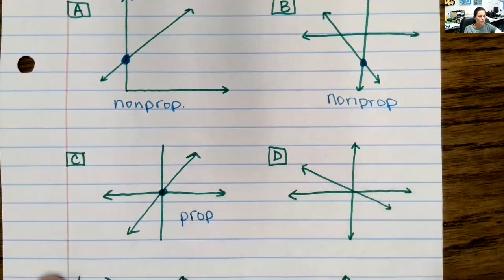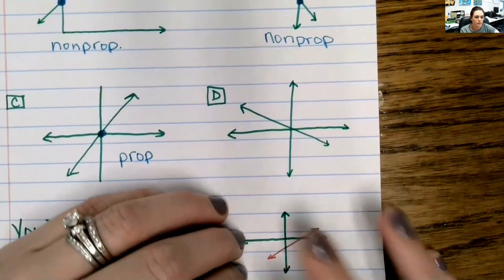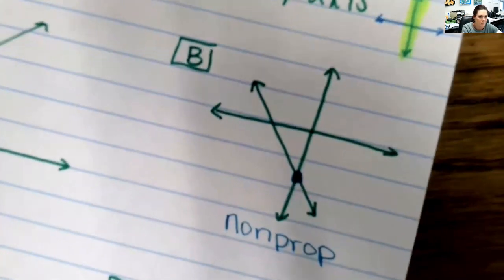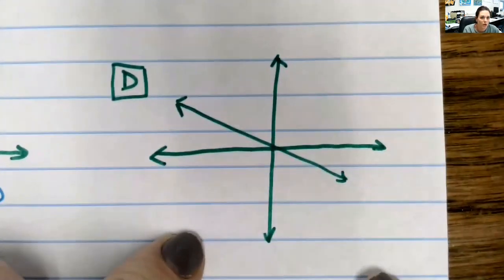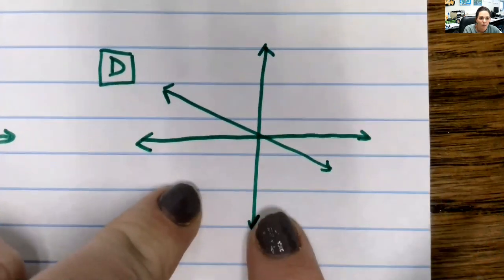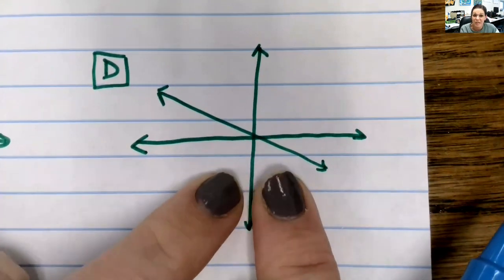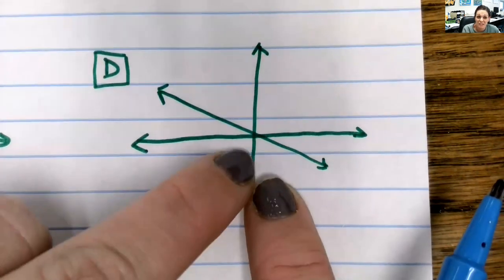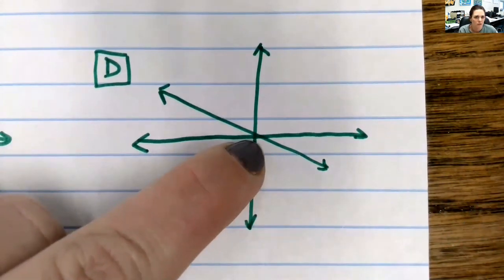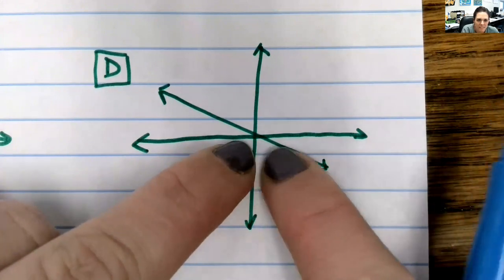Mrs. Rios is judging me, and that's okay. I like the conversation. I'm going to zoom in to this one. So she kind of has this question mark happening of proportional or not proportional. And sometimes people are evil and they do this to you and you're like, wait, is that going through it? Isn't that going through it?